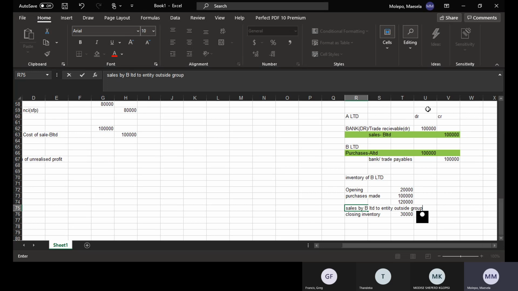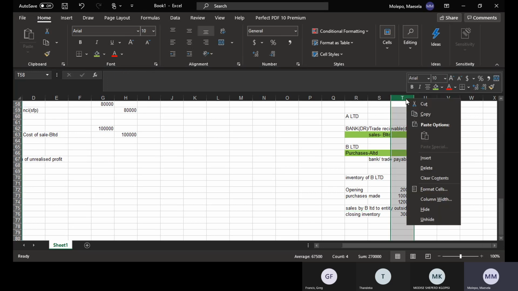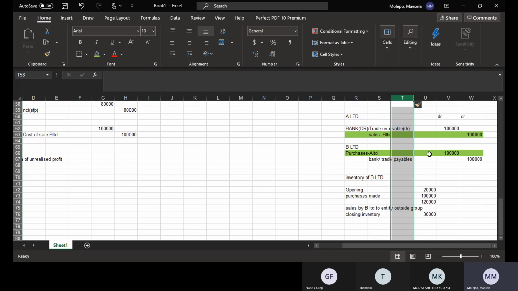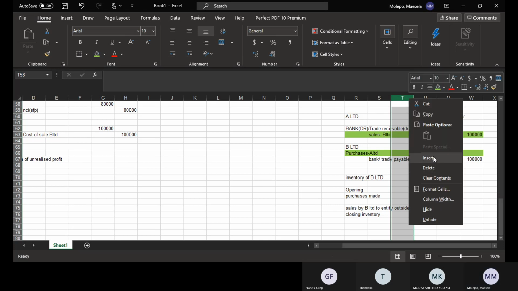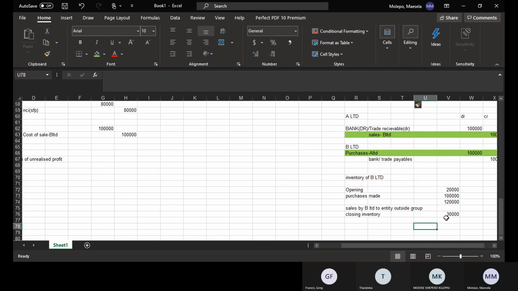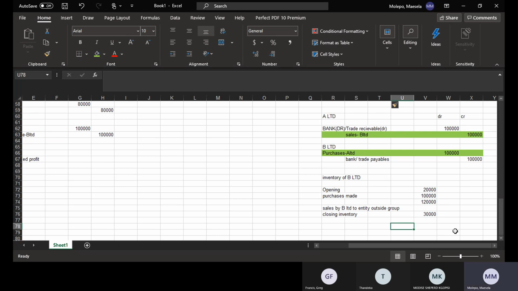Let me track this further. So the sales will be, we've got 120, then it means approximately 90,000 is the sales made outside the group.